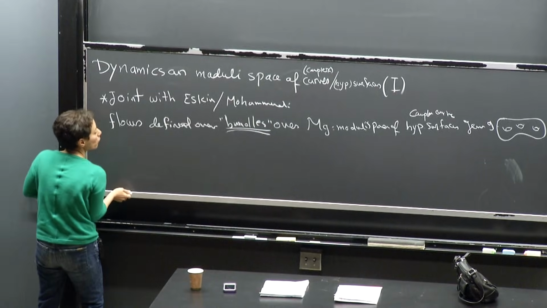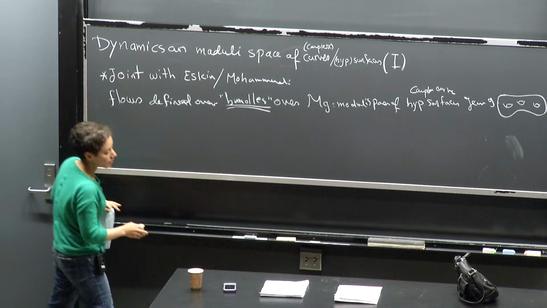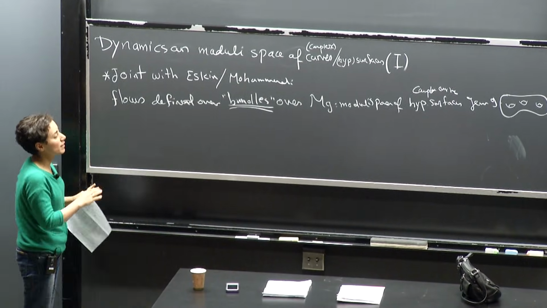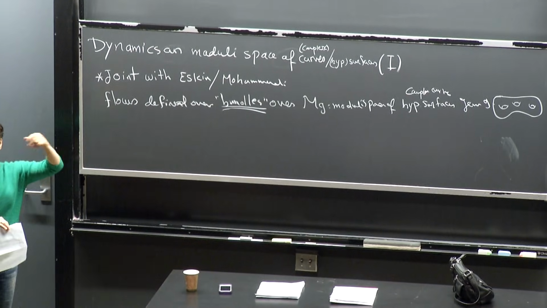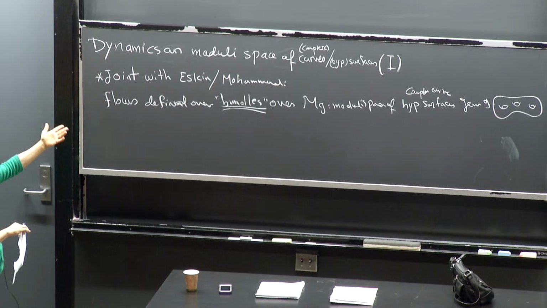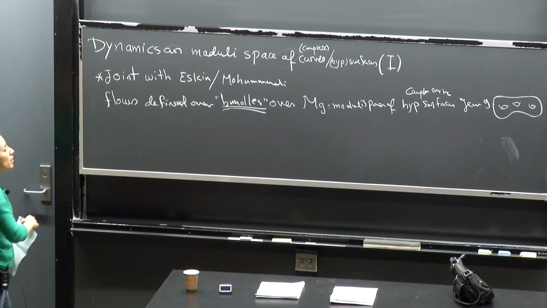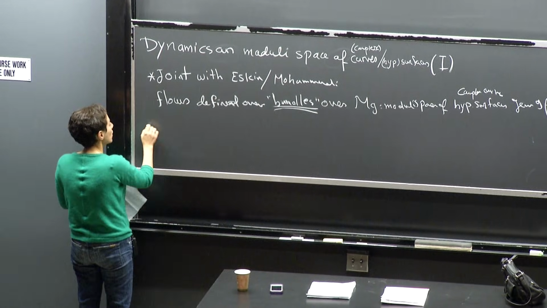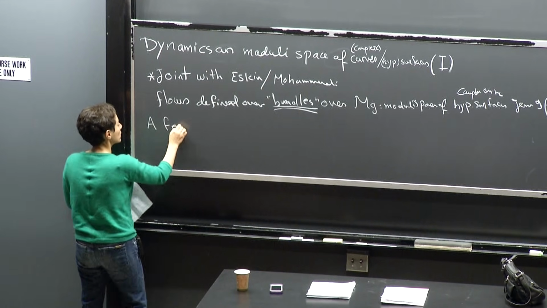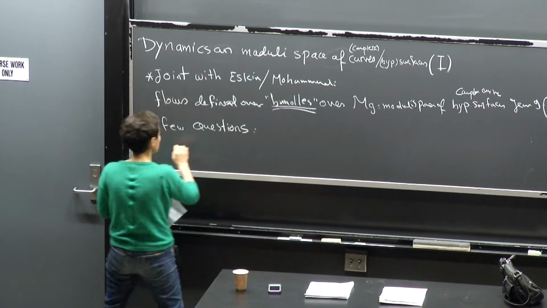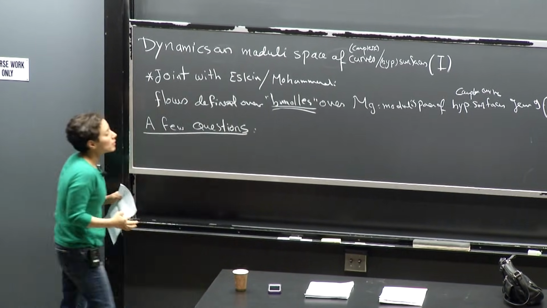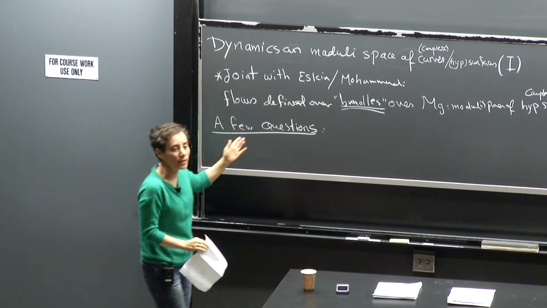Before I define what the flow is, how we define it, and what I mean by dynamics over this, I want to discuss a few problems, a few questions, just to motivate the work that I'll be discussing.